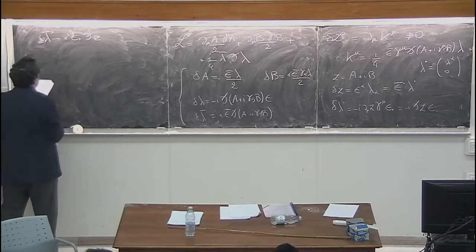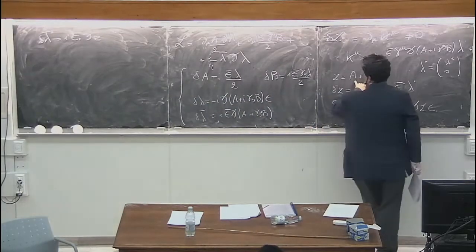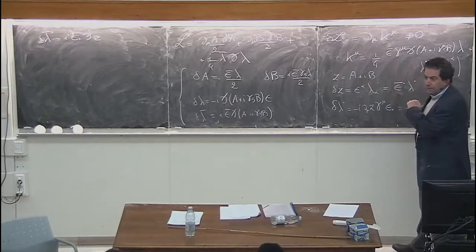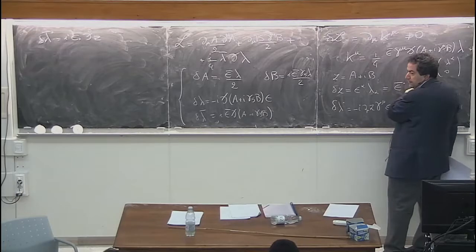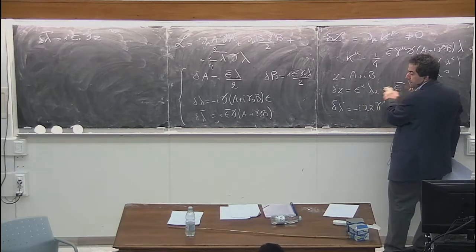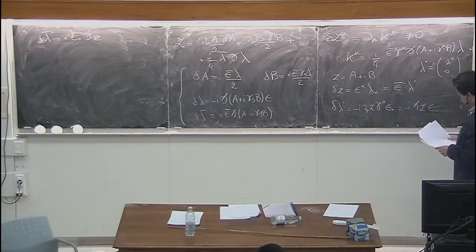Okay. Now you see here that if we arrange A and B in a complex scalar, what happens is that it transforms in a chiral component of lambda. Okay, it transforms in a chiral component of lambda. Call it the left-hand component of lambda. Okay.